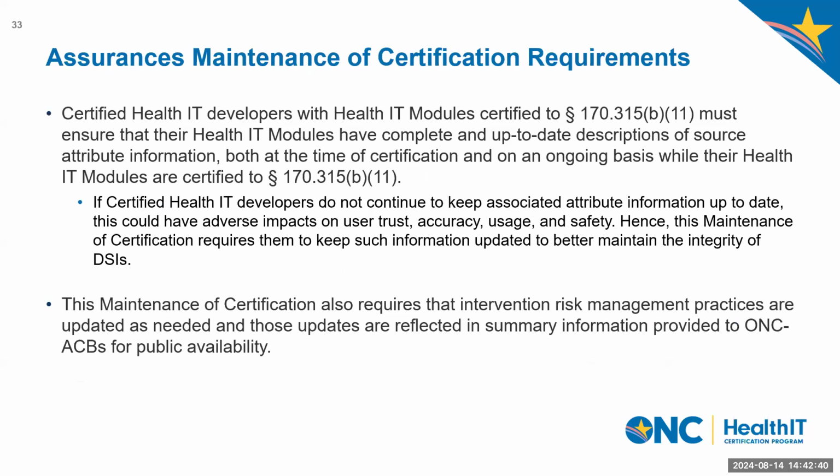If developers do not continue to keep source attribute information up to date, this could have adverse impacts on user trust, accuracy, usage, and safety. This maintenance of certification requires developers to keep such information updated to better maintain the integrity of the decision support interventions.